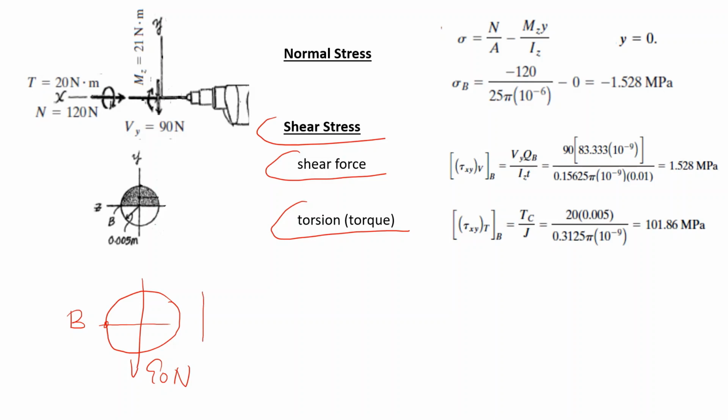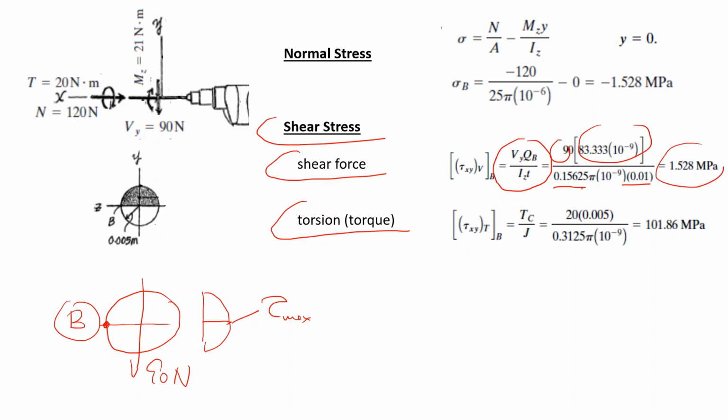The stress distribution looks like this. My point B lies on the axis where the tau value is maximum. So you can use this formula and calculate V and Q as we did in the previous slide, and I and the t, and find this value.